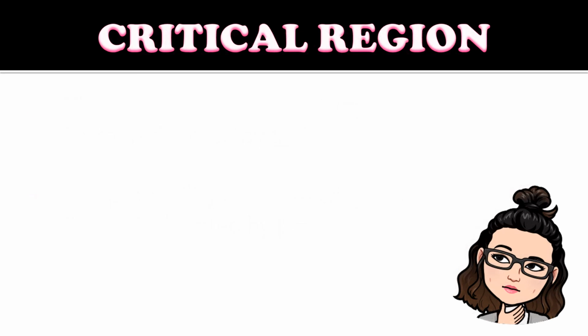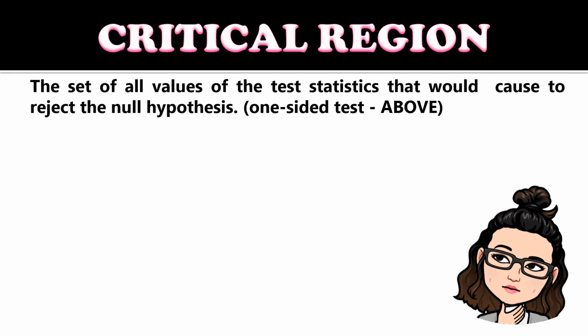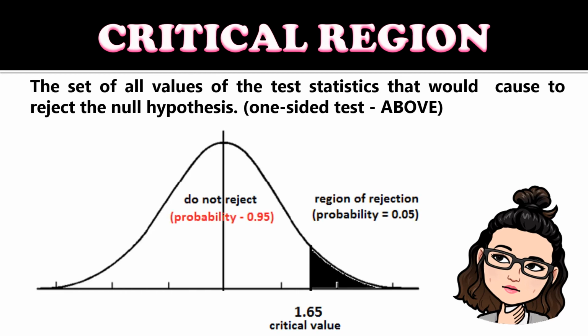So, critical region. What is a critical region? It is the set of all values of the test statistic that would cause us to reject the null hypothesis. Example for one-sided test above. Here's a graph to represent it. We have the critical value 1.65, that's for alpha equal to 0.05.